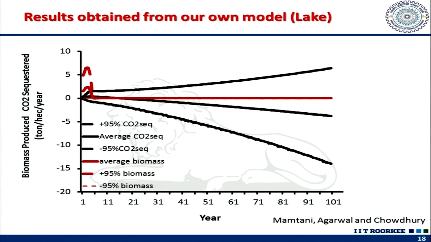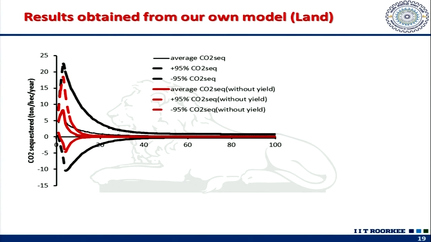The next one: we found very different data from the DNDC. We developed our own model and found that, depending upon the parameters you use, nearly 5 to 16% of the carbon is sequestered when applying the biomass on the land.